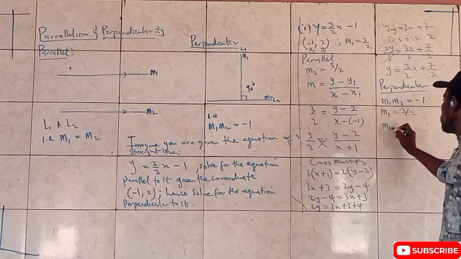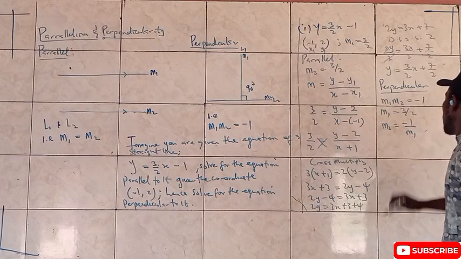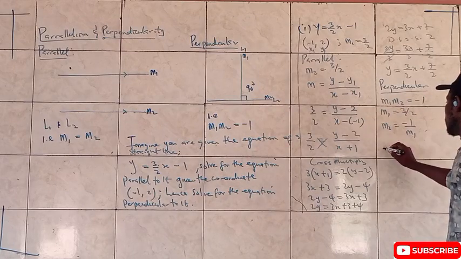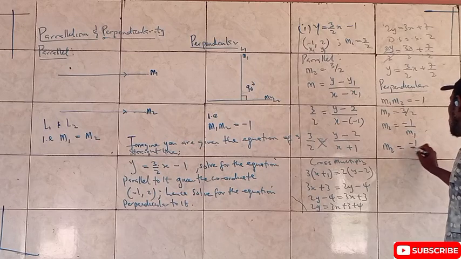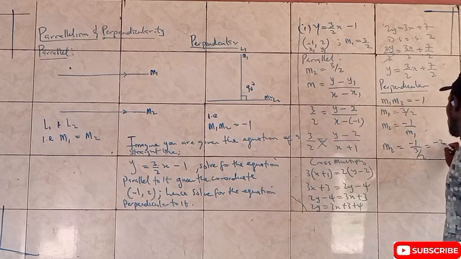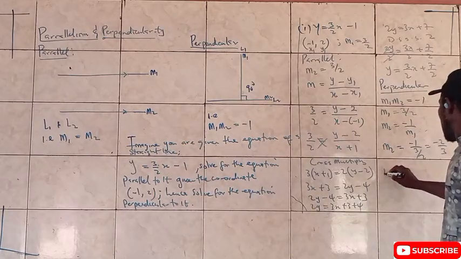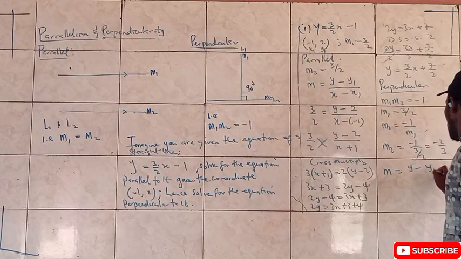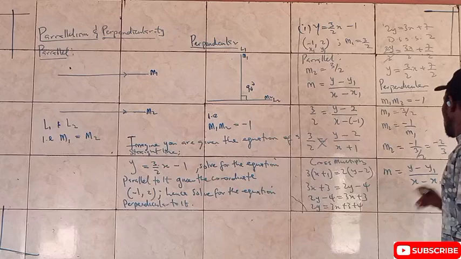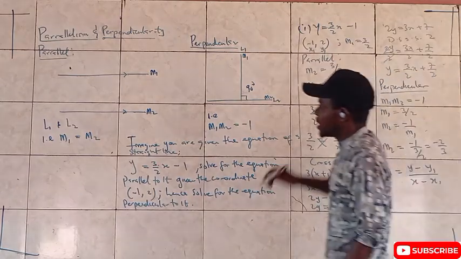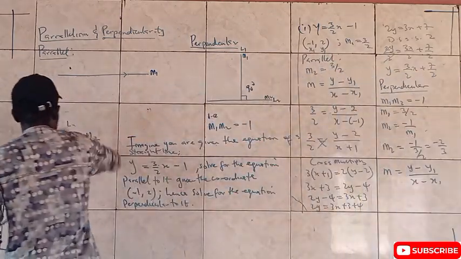Then it means that my m2 is minus 1 over m1. I divide minus 1 by m1, so my m2 is minus 1 over 3 over 2, which equals minus 2 over 3. Then I'm now going to go by my formula, m equals y minus y1 over x minus x1, using the same coordinates that were given to us.